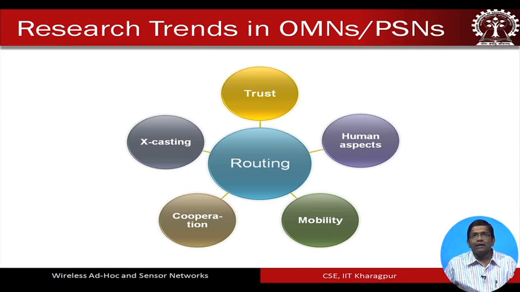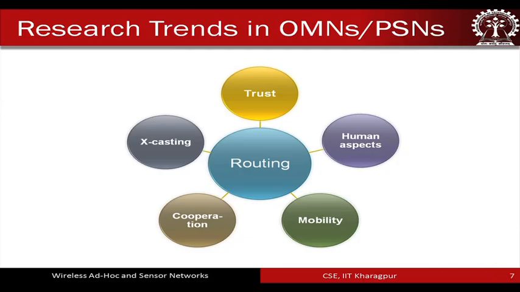And finally, there is another stream of work with respect to human aspects, basically getting the humans in the loop in the network. Humans are active participants in the network, and this has been adopted in certain types of OMNs.